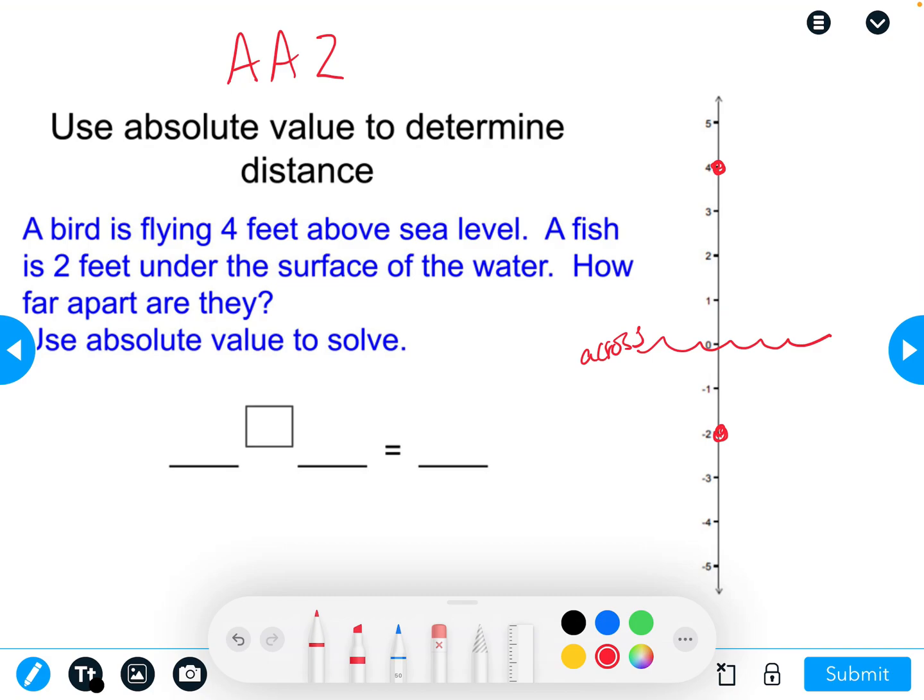And we can see that if I do little jumps, the bird would have to go down 4, and then under the water 2 more to reach the fish. So we're adding their absolute values. The absolute value of 4 plus the absolute value of -2, so that would be 4 plus 2, gives us a distance of 6.